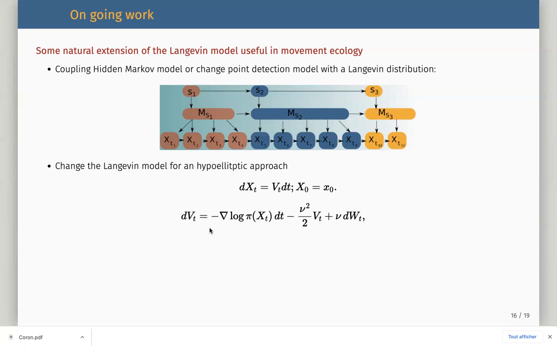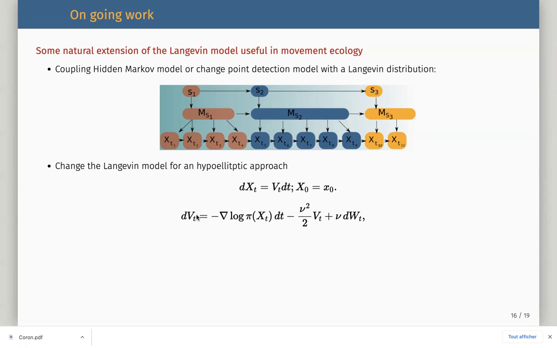And so again, just by a very simple change of model, you can have some eco-elliptic approach, saying that you want to model the speed, the velocity of an animal, and you only observe the position. But if you again choose the mathematical model which is convenient for you, you have exactly the same property, because the stationary distribution of the X_t process here will be exactly p in this model.